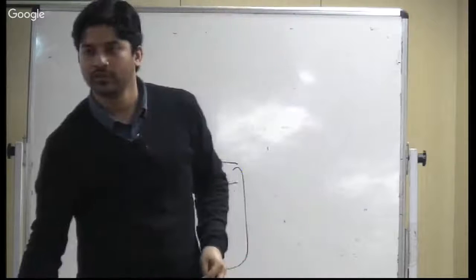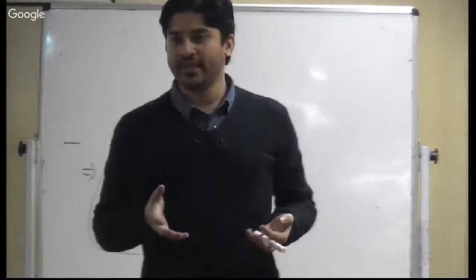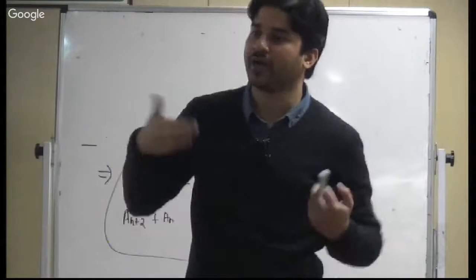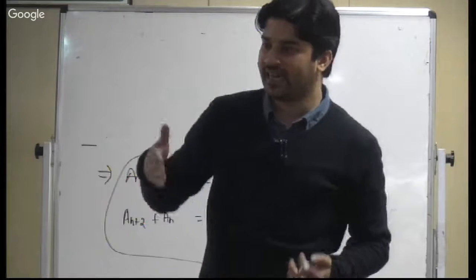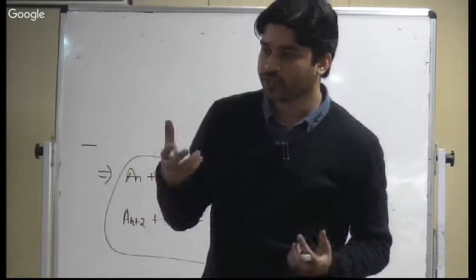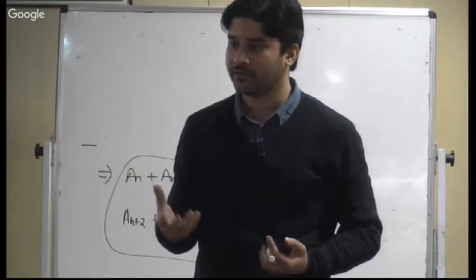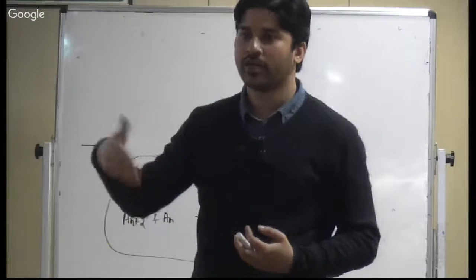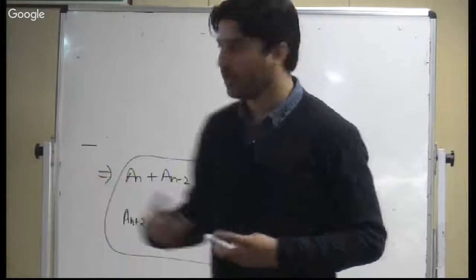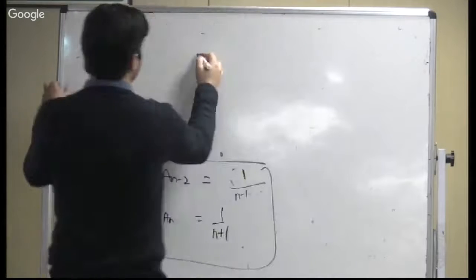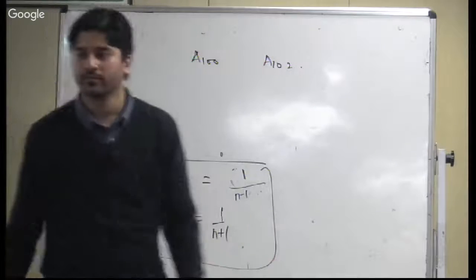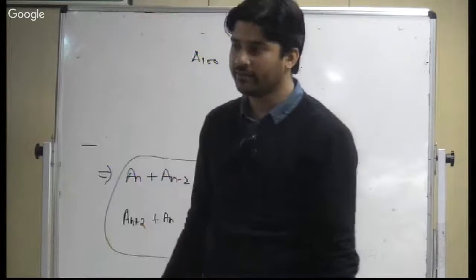Where does tan x lie in 0 to pi by 4? 0 to 1. When tan x is between 0 and 1, if I say tan x to the power 100 and tan x to the power 102, which area is going to be greater? A100 or A102? A100 is going to be greater.